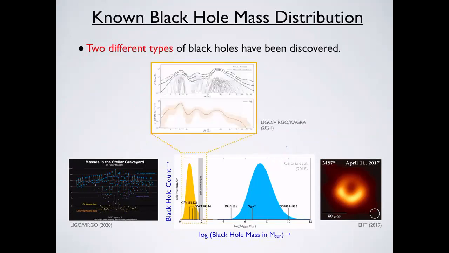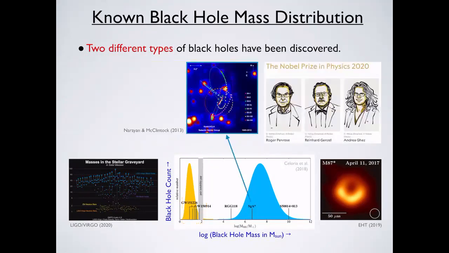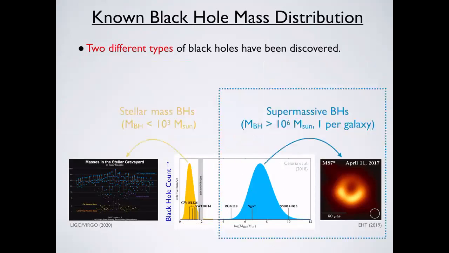Again, these yellow peaks are known by the LVK gravitational wave detectors, and the blue ones include some of the famous ones, such as the Sagittarius A* supermassive black hole. As the title of my talk suggests, I'm more interested in the supermassive black hole part of this population chart.